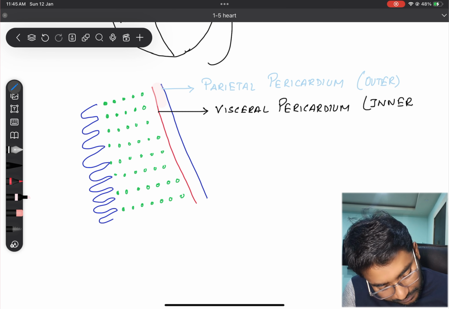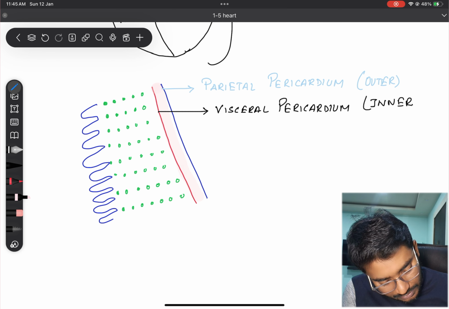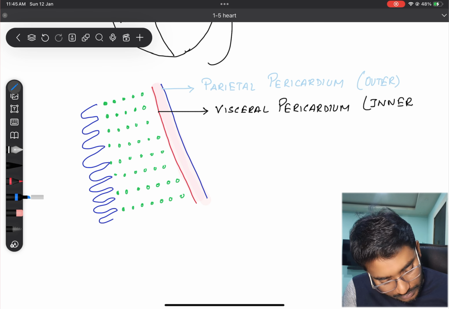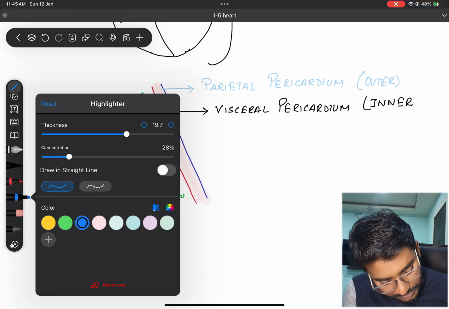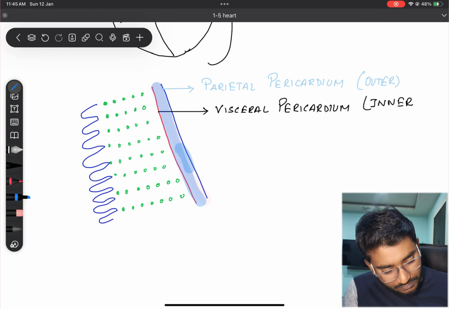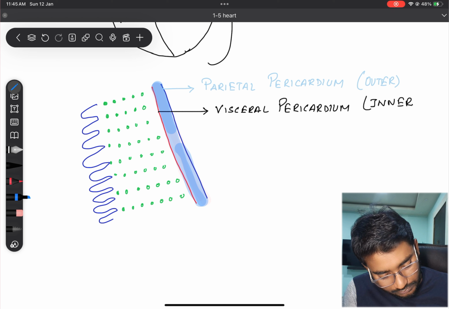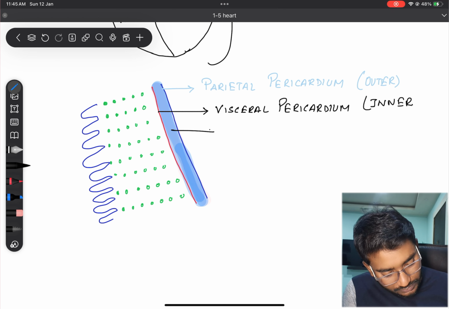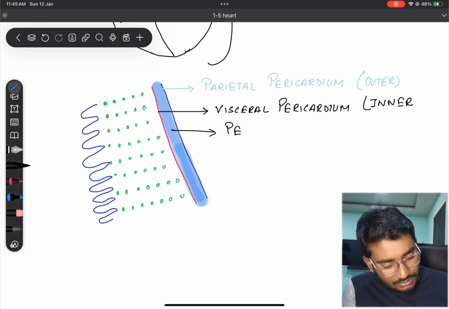Here it is filled with pericardial fluid.